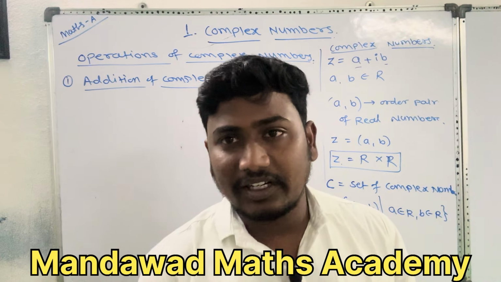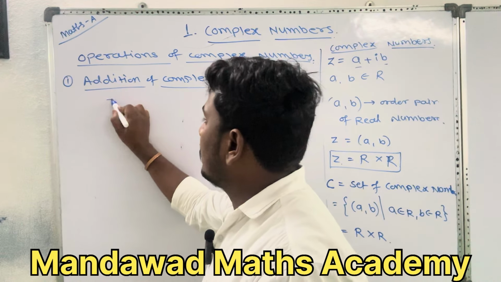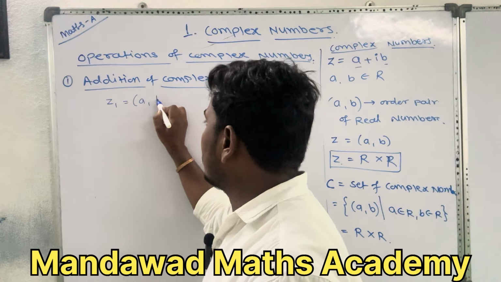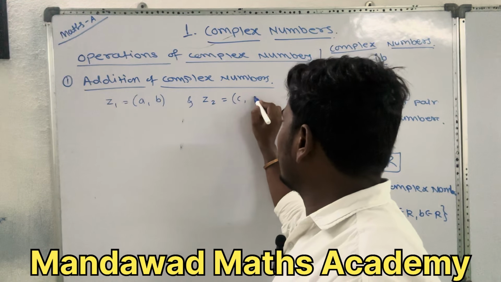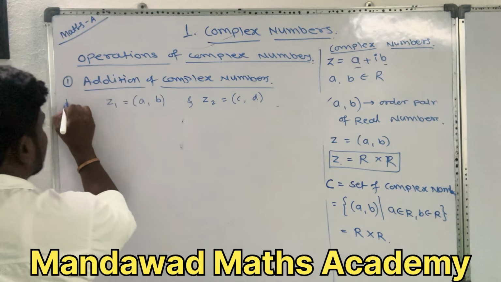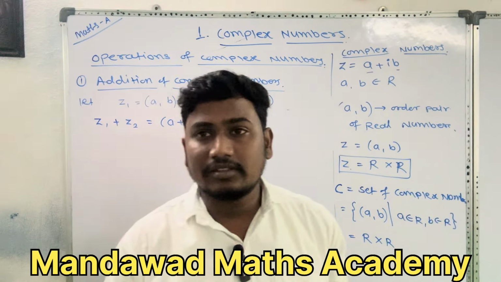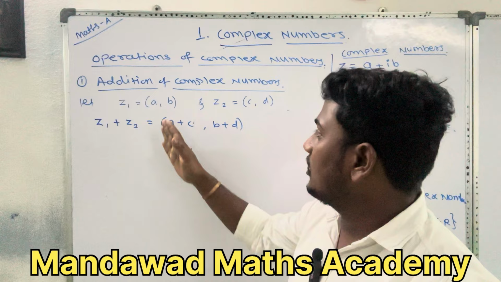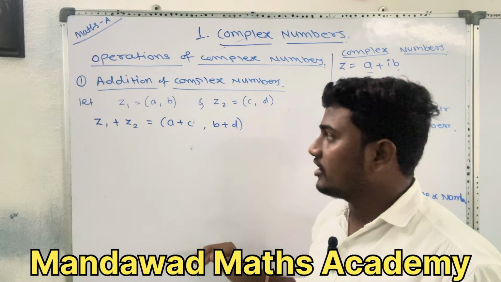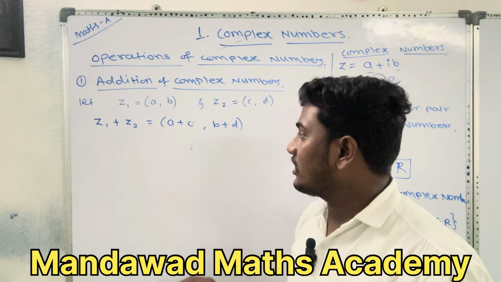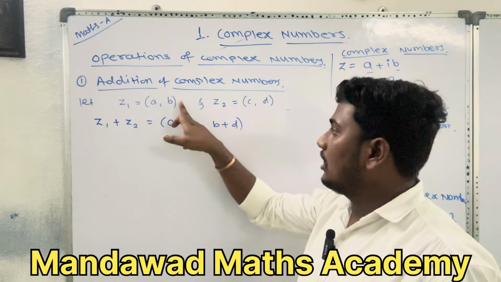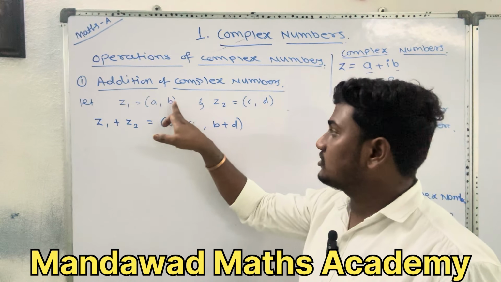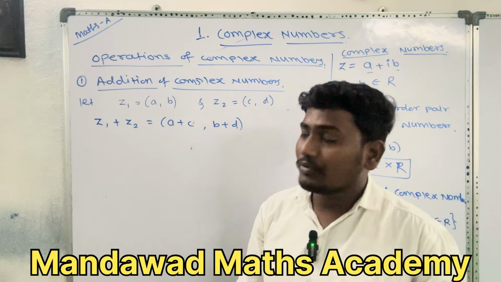Let us consider Z1 and Z2 are two complex numbers, where Z1 is equal to (a, b) and Z2 is equal to (c, d). Then Z1 plus Z2 is defined as first component plus first component, meaning a plus c, and second component plus second component, meaning b plus d. So this is the addition of complex numbers.